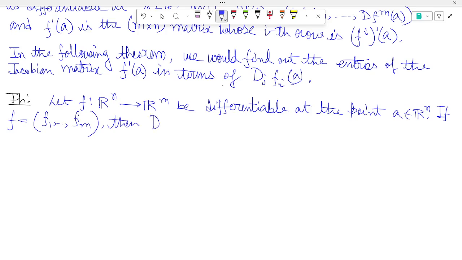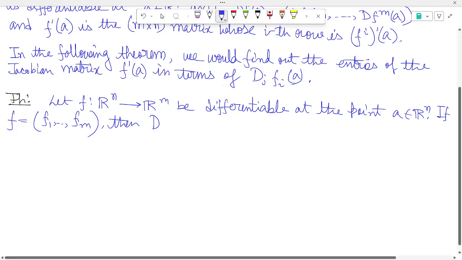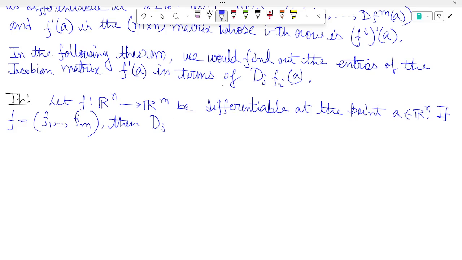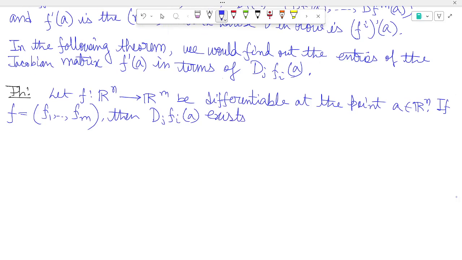Then each partial derivative of each component function, dj fi at a, exists, for each i from 1 to m, because there are m functions, and j from 1 to n, because there are n variables.